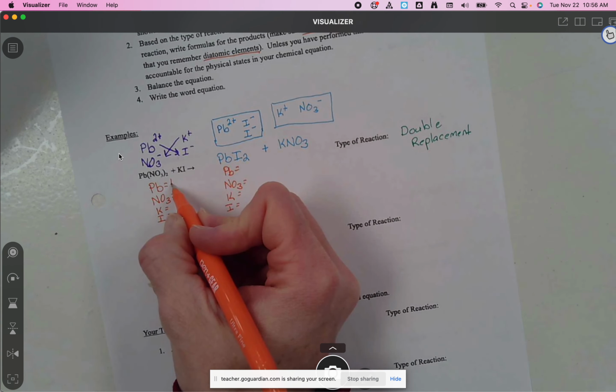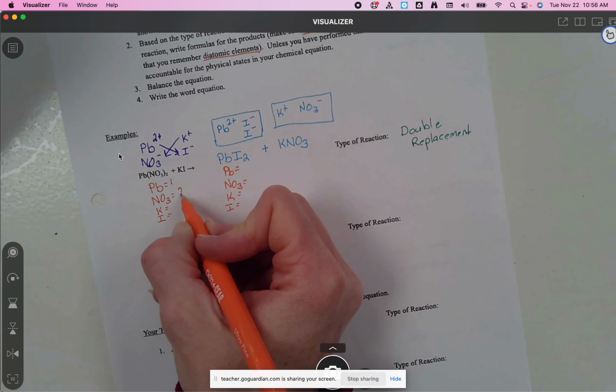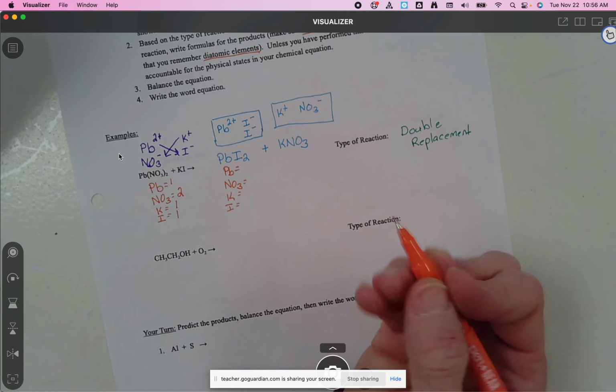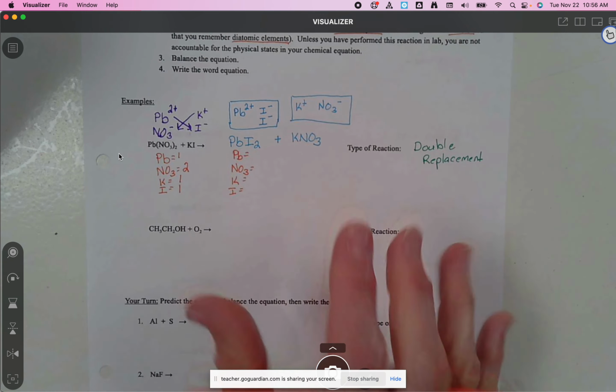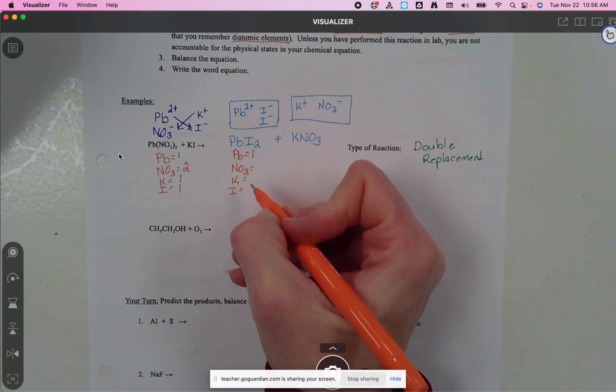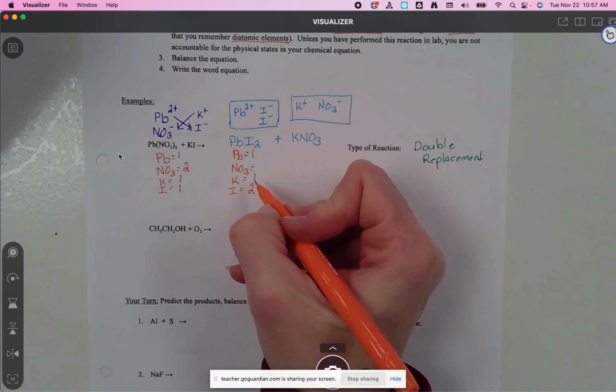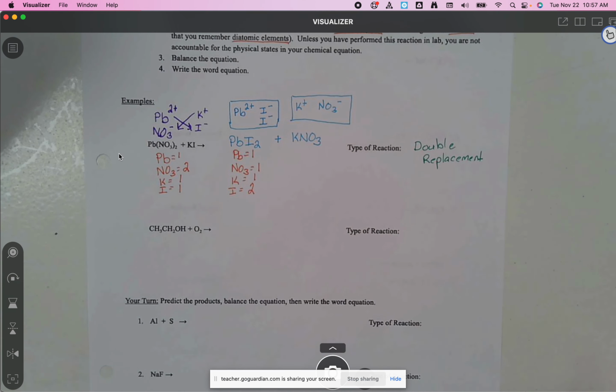So we have 1 lead, 2 nitrates, 1 potassium, and 1 iodine. 1 lead, 2 iodines, 1 potassium, and 1 nitrate.